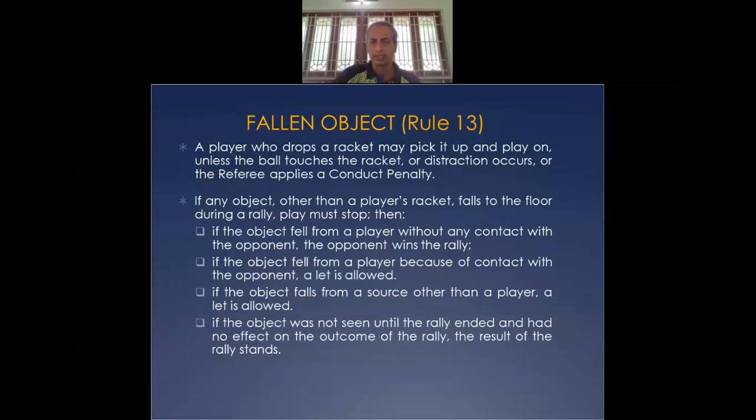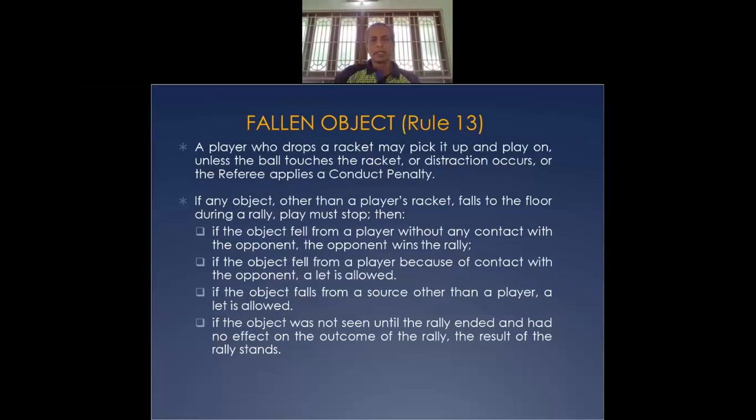But it is the referee or marker's job to stop the rally if there is an object. You can stop the rally immediately. So the last point highlights that if the object was not seen until the rally ended, it had no effect on the outcome of the rally.